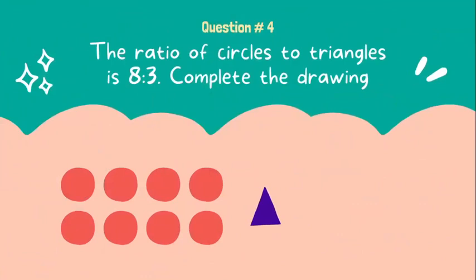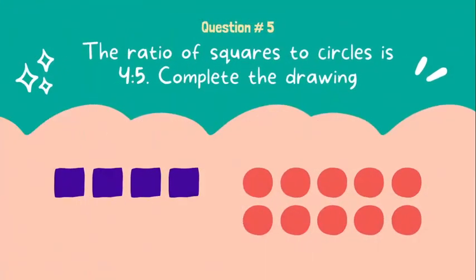Question number 4. The ratio of circles to triangles is 8 to 3. Complete the drawing. If you draw 2 triangles, your answer is correct. Question number 5. The ratio of squares to circles is 4 to 5.